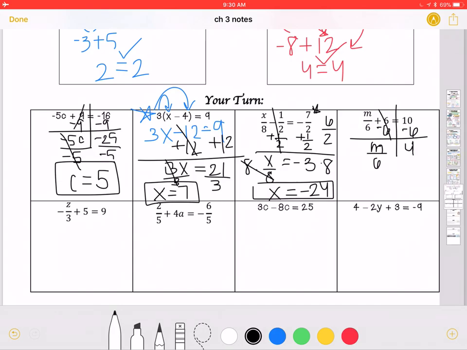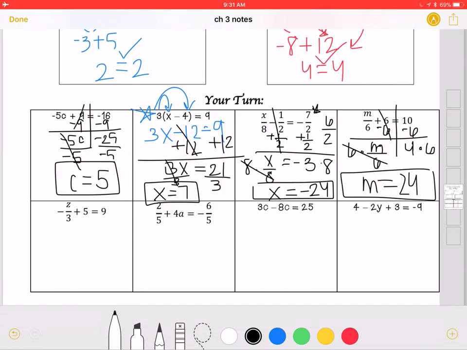Right now, m is being divided by 6 still, so I need to multiply by 6 on both sides. So 4 times 6 gives me 24. So m should equal 24. Positive.